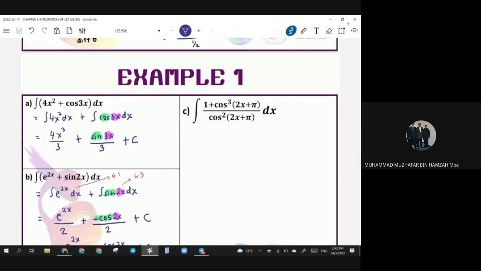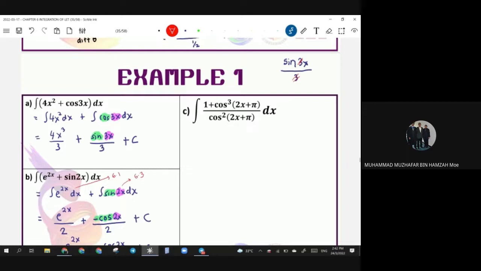So kita ada sin ni dia punya fungsi Trigo. Kat atas ni angle dia adalah 3x. Kita tak pernah tulis sin je tanpa angle, dia pelik. Dia bukan sin. And let's say kita ada over 3. Okay. Please be noted that yang 3 dengan 3 ni tak boleh cancel lah.